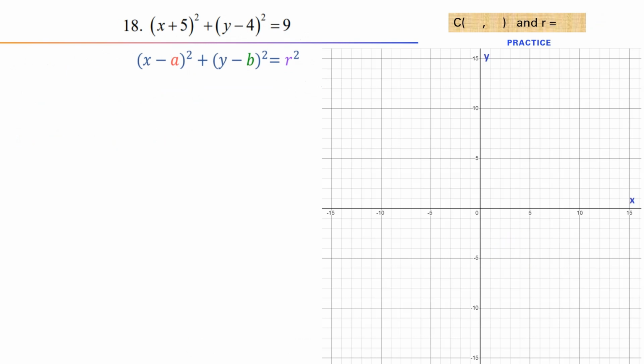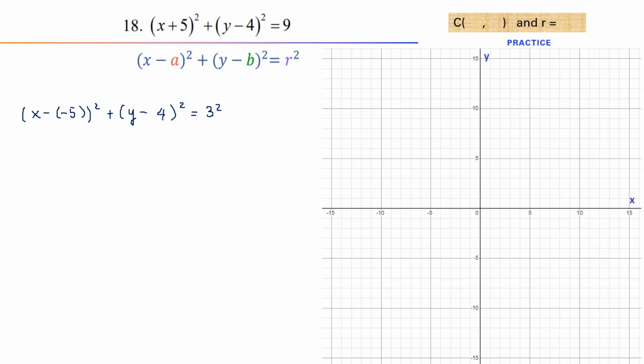So number 18. Now it's in the standard form, so we just rewrite a little bit. (x subtract negative 5) squared plus (y subtract 4) squared equals 3 squared.